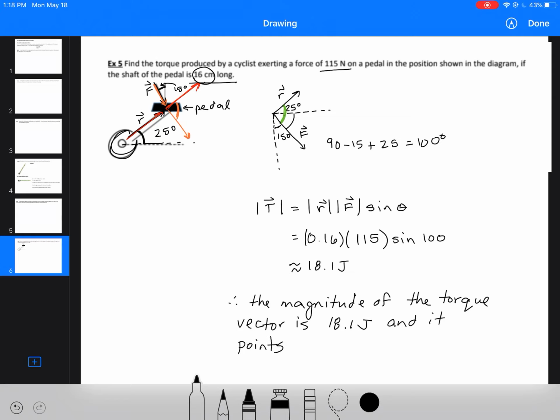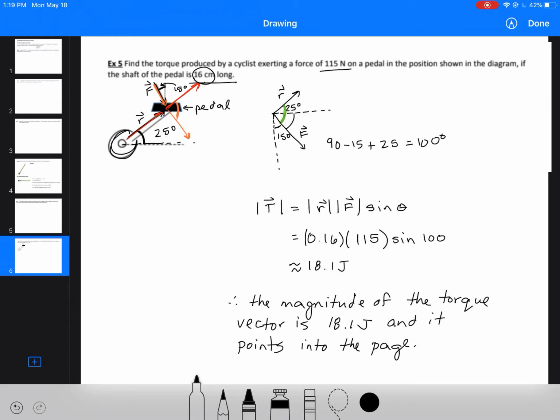So that means that we have to take a look at our right-hand rule. So if you point your fingers in the direction of R of your right hand and you curl them towards F, you're going to get your thumb pointing into the page. Make sure you're using your right hand to do the direction.